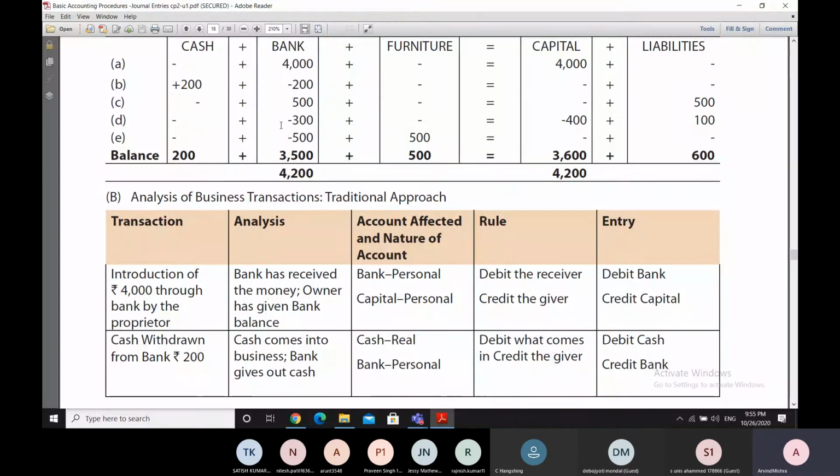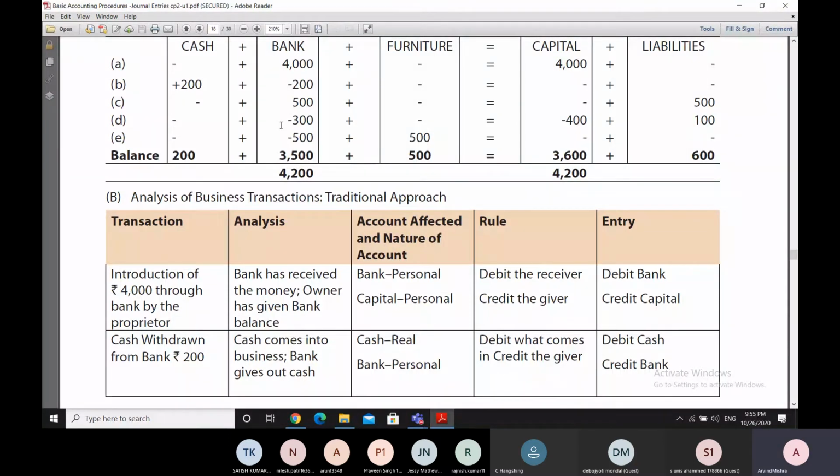So the giver of the capital is the owner who is giving the money into the capital account, and the receiver is the bank. So money is coming into the bank through the capital. Therefore, the capital account here is a personal account and the bank account is also a personal account, because money is going into the bank account.